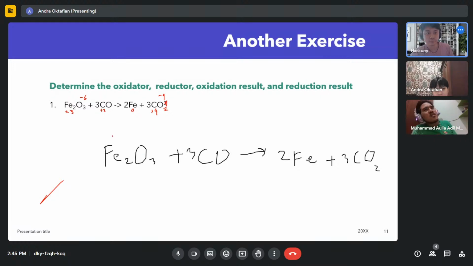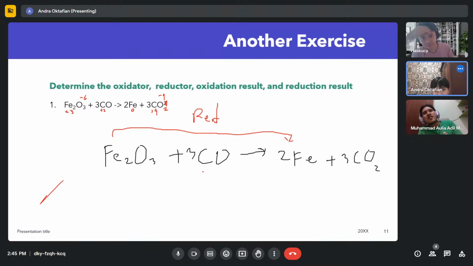It should be reduction because it decreases the oxidation state. Yeah, you are very true. On the other hand, the carbon is oxidation. But we still haven't answered the oxidator and reductor yet.